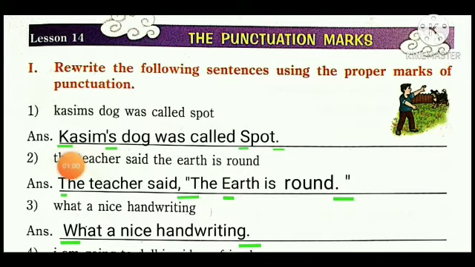In this sentence there are 4 changes I have made, and those changes make this sentence correct.